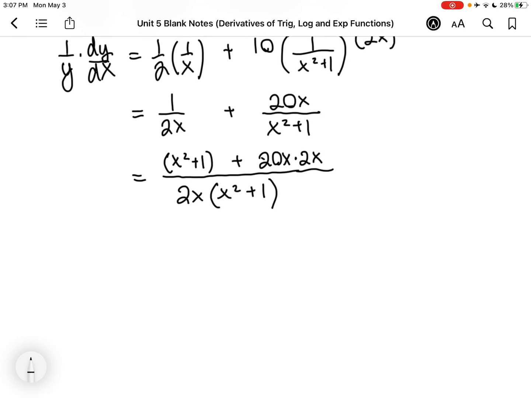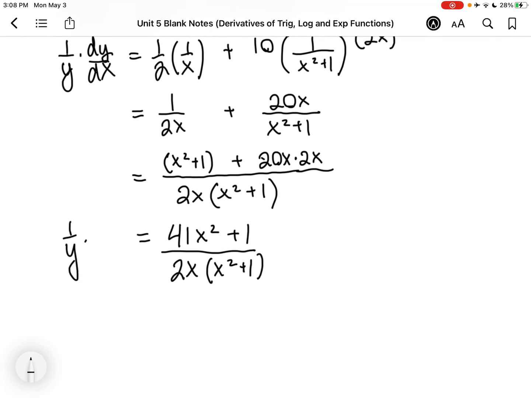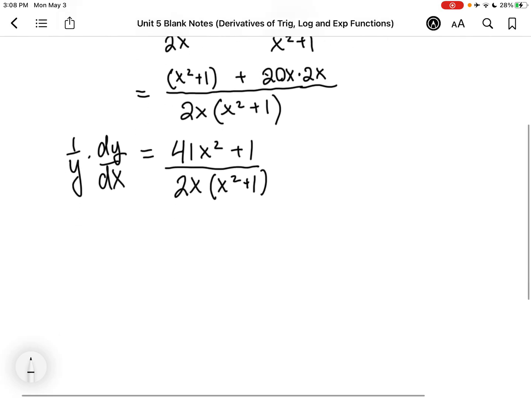Okay, and then all together, that's x squared plus 20x times 2x is 40x squared. So that's 41x squared plus 1 over 2x times x squared plus 1. And all of this is equal to 1 over y times dy dx, because I haven't done anything to the left side. I've just simplified the right side.